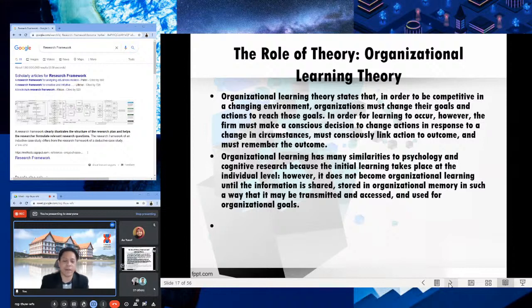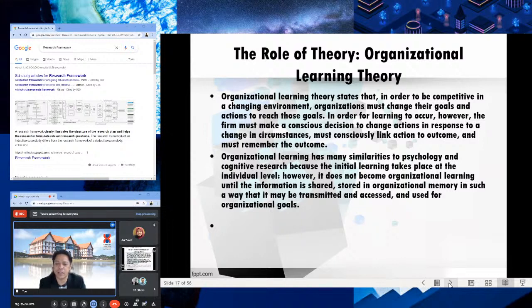When we talk about the organization, it involves a group of individuals. Organizational learning has many similarities with psychological and cognitive research, because initially learning takes place at the individual level.